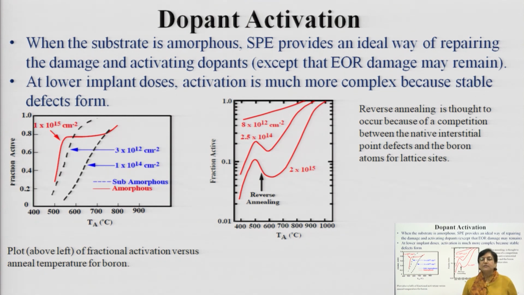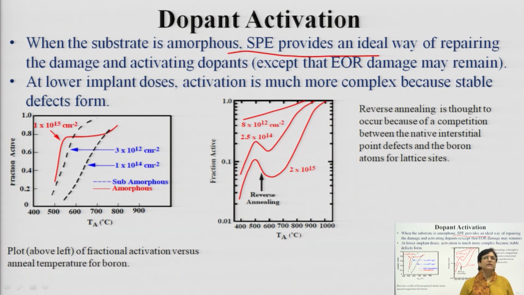So, when the substrate is amorphous, solid phase epitaxy is a very good method for repairing, but you also need to activate the dopant species so that the profile is properly maintained.